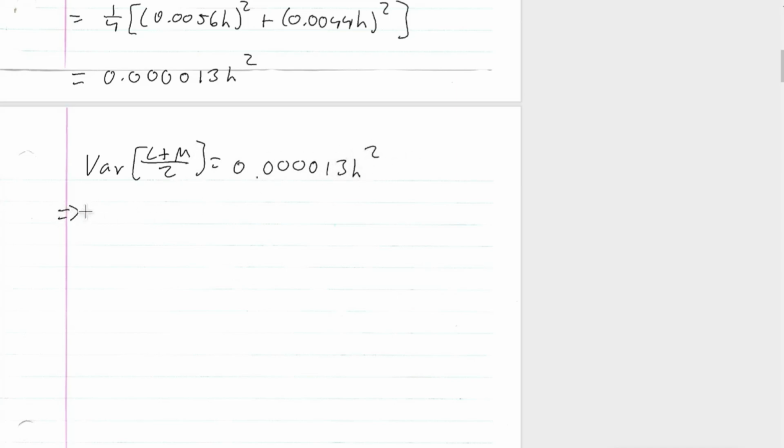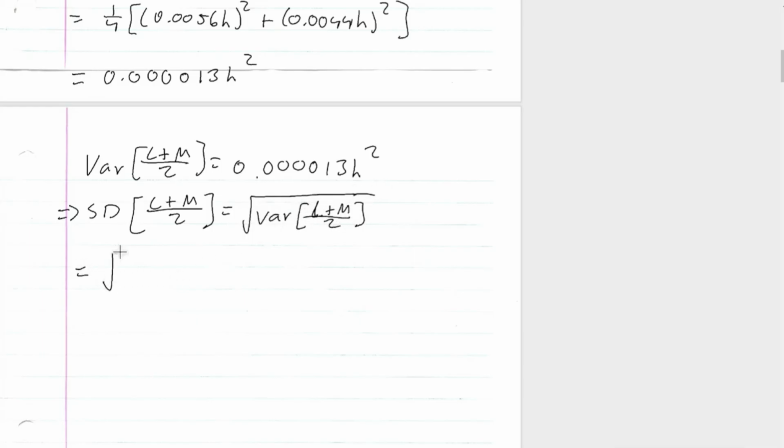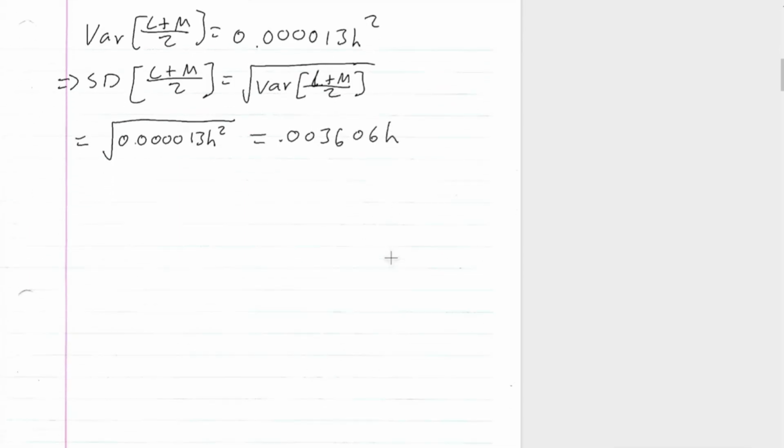This means the standard deviation is the square root of the variance, the square root of 0.000013h squared, which is 0.003606h.